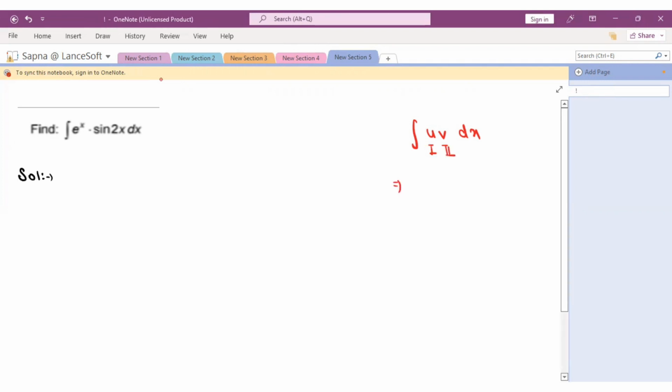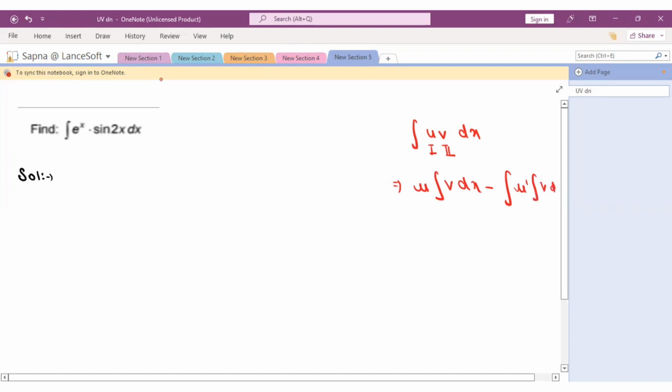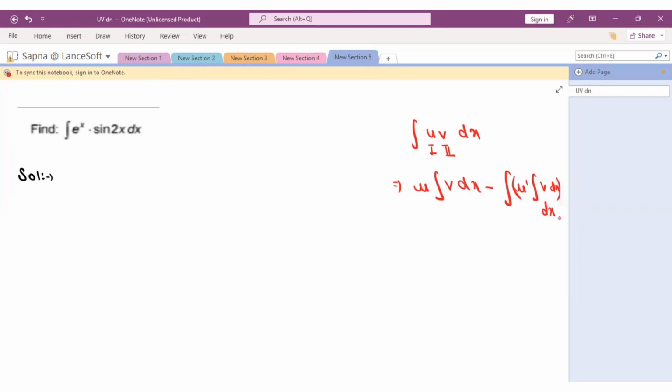The formula says that we first write down the first function as it is, times the integration of the second function, minus the integration of the derivative of the first function, times the integration of the second function. This is the formula that we are going to use. Let us move to our question.